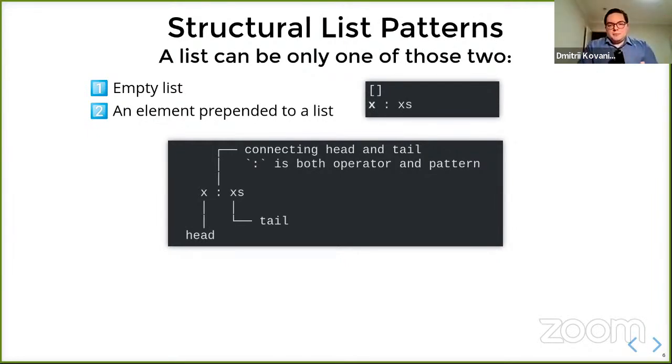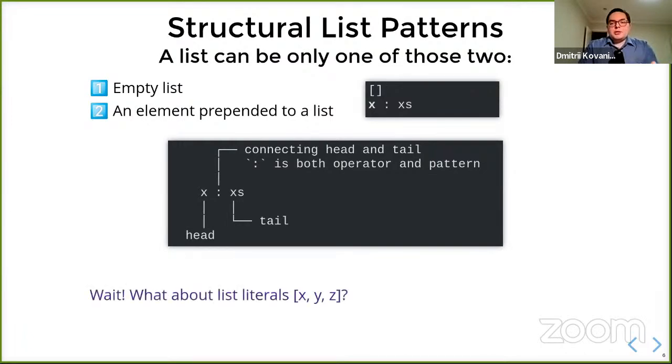The naming scheme is like X and XS is like many Xs, like in English, the plural form of anything. So no special meaning, just a common naming convention, because usually names don't really matter much and don't contain lots of useful information. So yeah, this is a nice structural pattern.